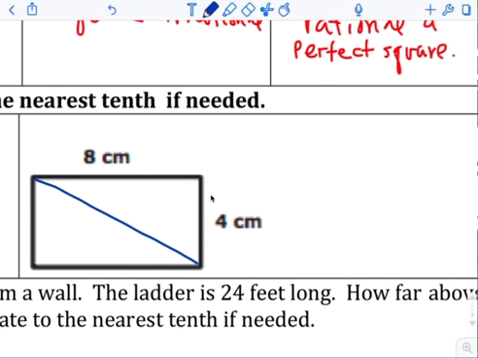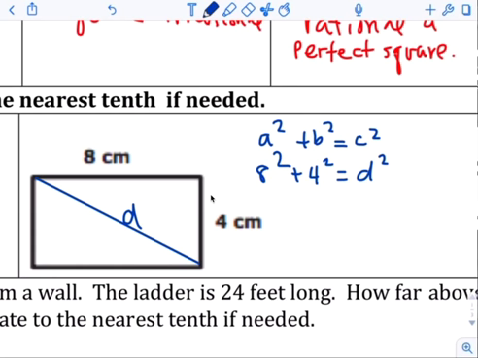Okay, this is the diagonal right here. A squared plus b squared equals c squared. 8 squared plus 4 squared equals diagonal squared. 64 plus 16 equals diagonal squared. Take the square root. Oh, not yet. Add them first.